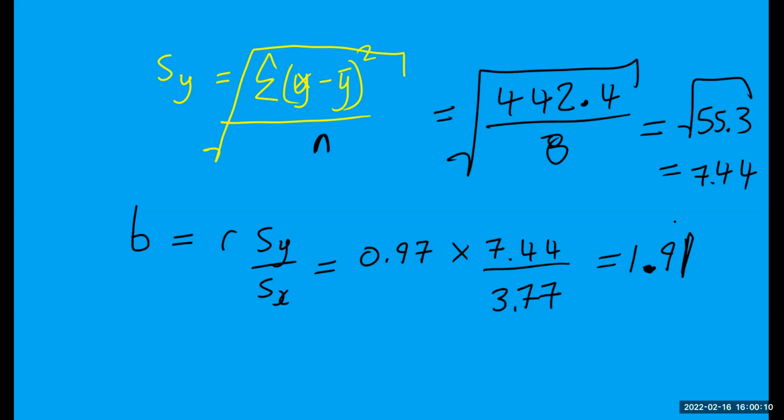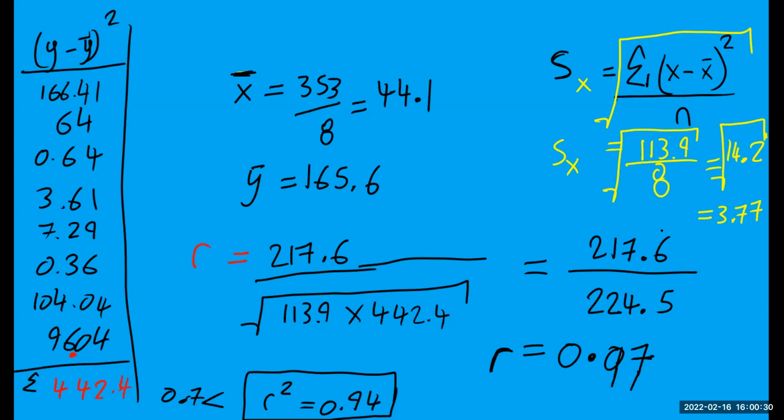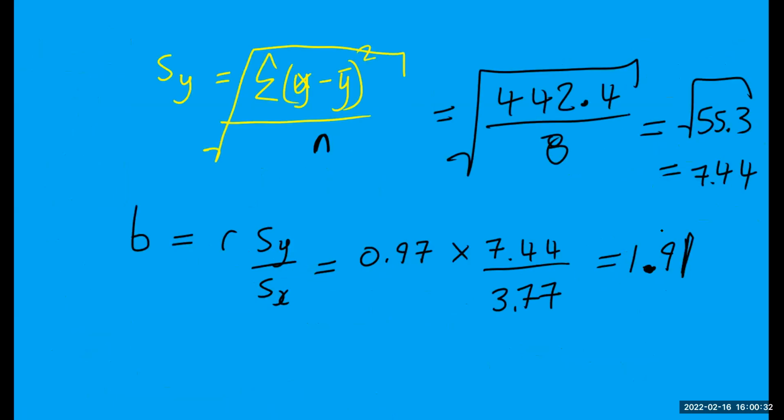Now, once we get our gradient to be 1.91, imagine you're going to do all of this for your calculations in the SBA. But then again, you're doing it in groups. So I would recommend maybe you do the calculations and she plots the graphs or something. Don't stress yourself.